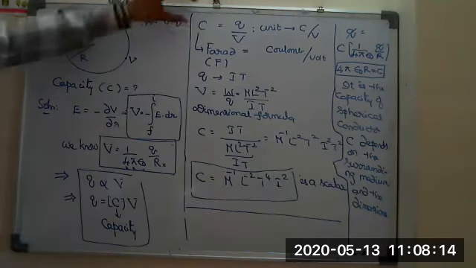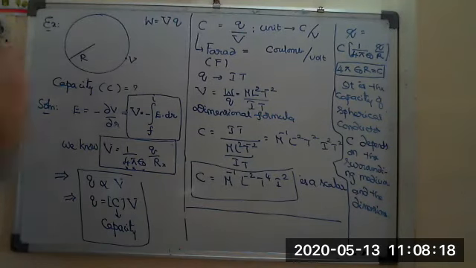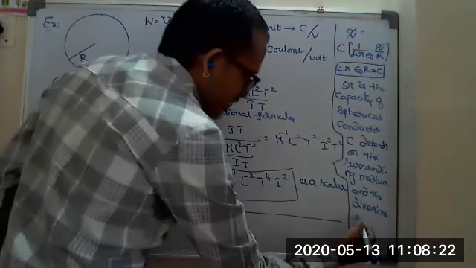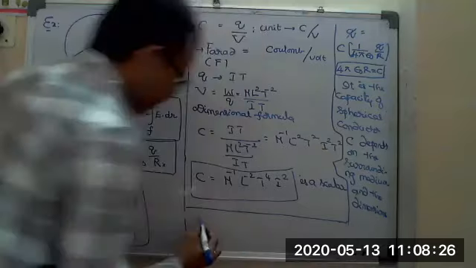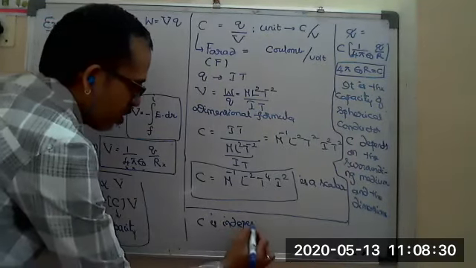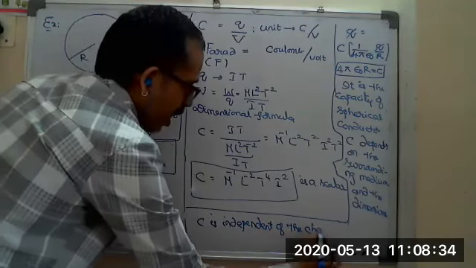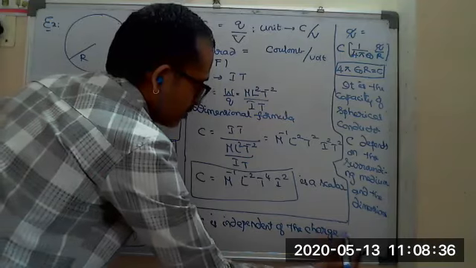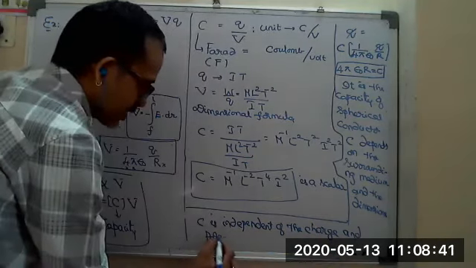That's why it does not depend on the charge and potential. So here I write: C is independent of the charge on the capacitor and the potential on its surface.